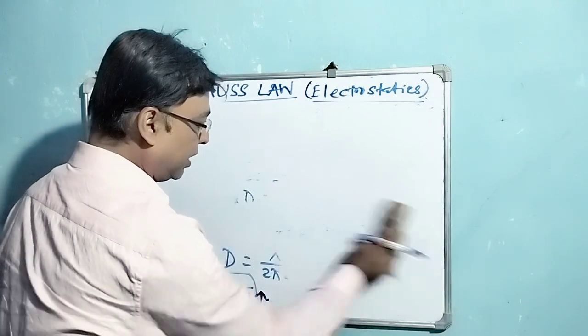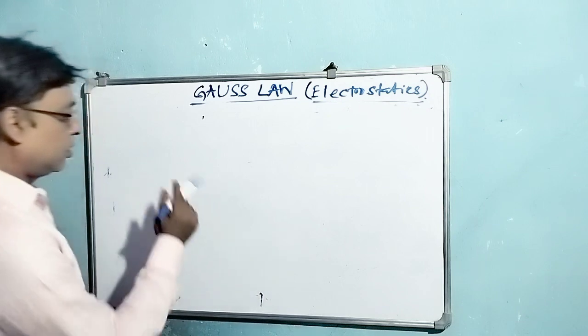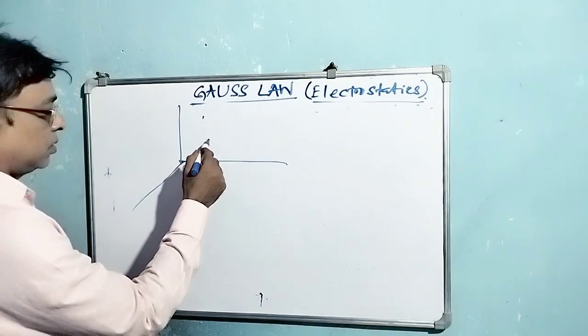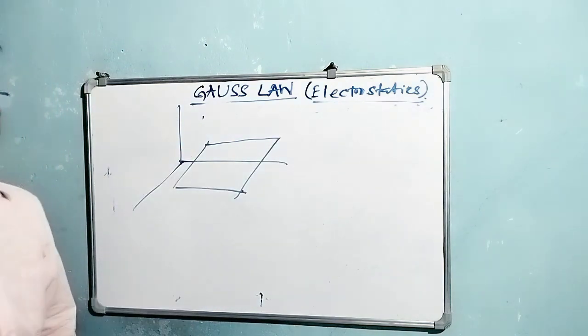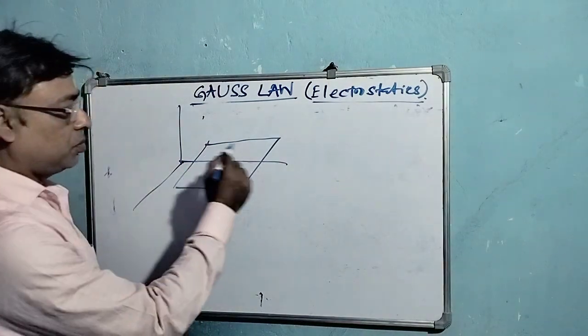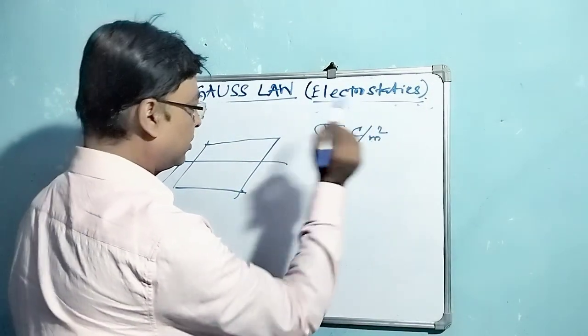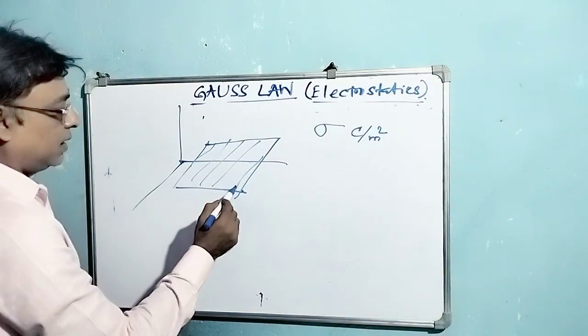Let me draw this one. Now suppose this one is the infinitely charged sheet, and suppose this one is charged with sigma coulomb per meter square. Now this one is the charge sheet, infinitely charged sheet.